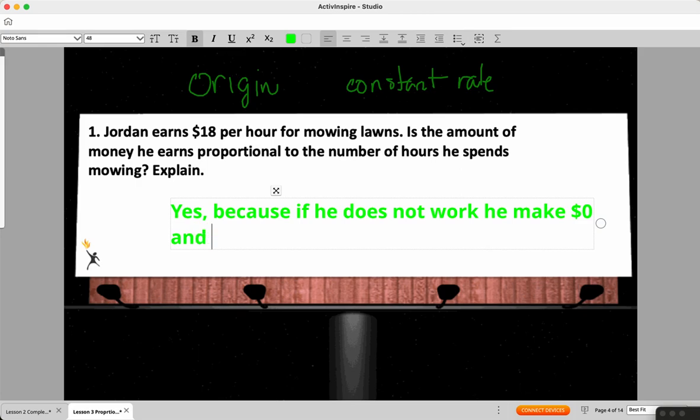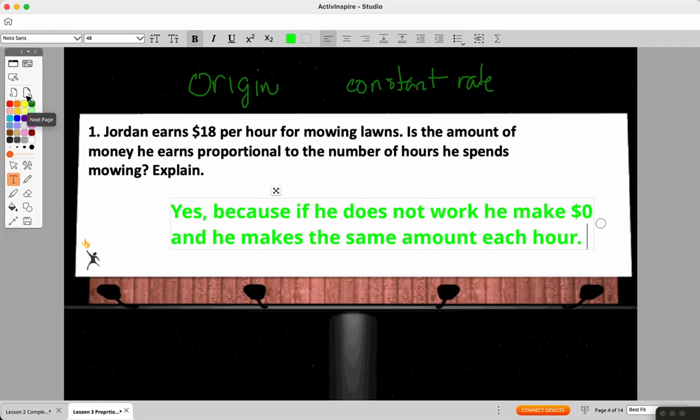And he makes the same amount per hour for each hour. He doesn't make more money one hour than the other. He makes $18 per hour. So that's what we're looking for in proportional. It goes to the origin, it starts at 0 in real life, and they make the same amount every hour. Those are our two pieces.